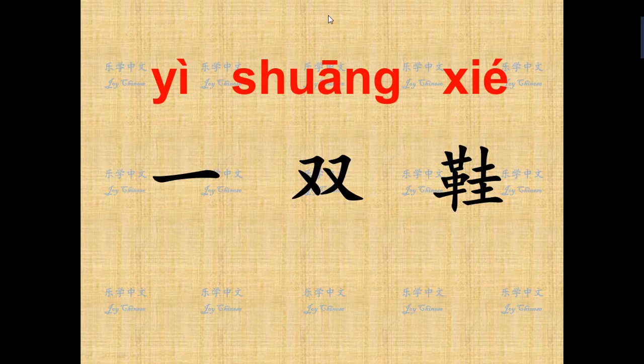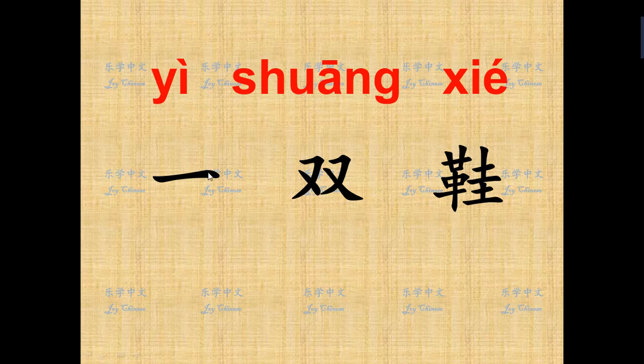Next one, we will learn a combination of shi and uang, first tone. Shi uang, shuang. Shuang means pair. We have learned this is number 1. When you say just the number, we say yi. And here, if you pay attention, I marked first tone.